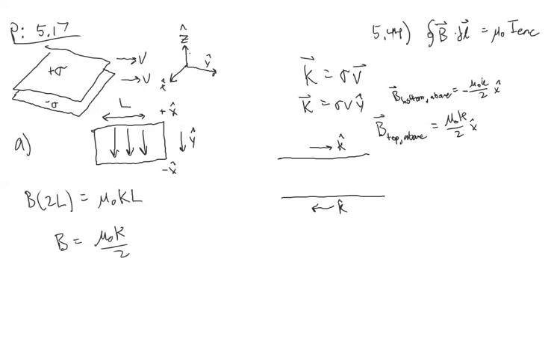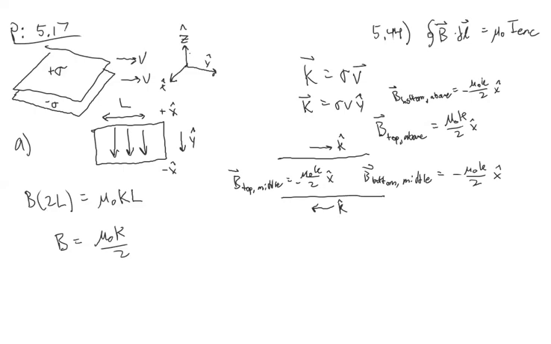In the middle, we have that the B field from the top plate is equal to mu naught K over 2, and that is in the negative x hat direction. And the B field from the bottom plate in the middle is also negative mu naught K over 2 x hat.